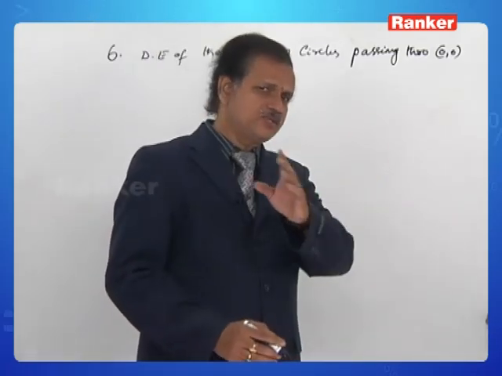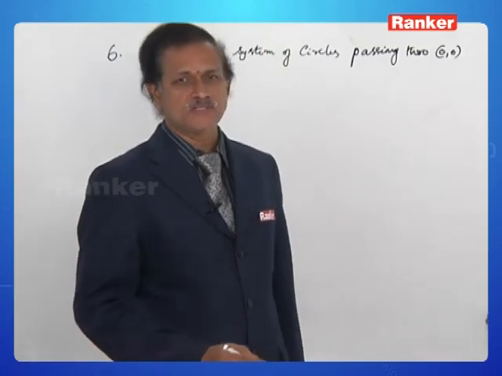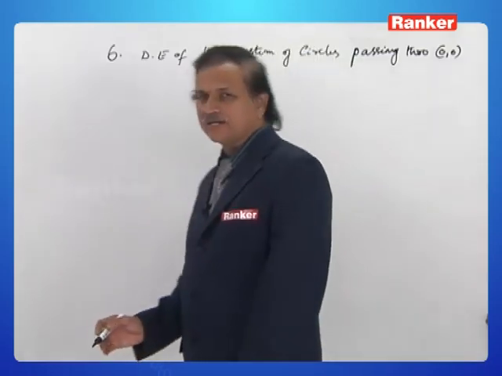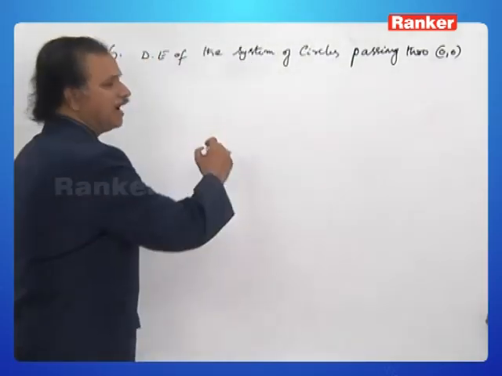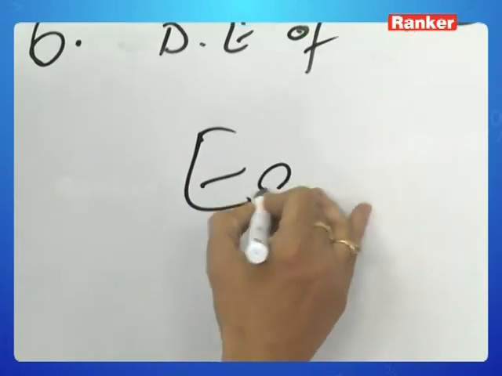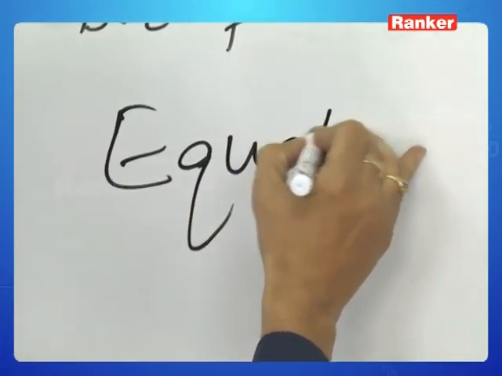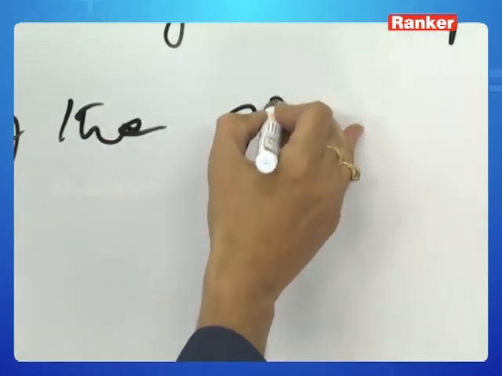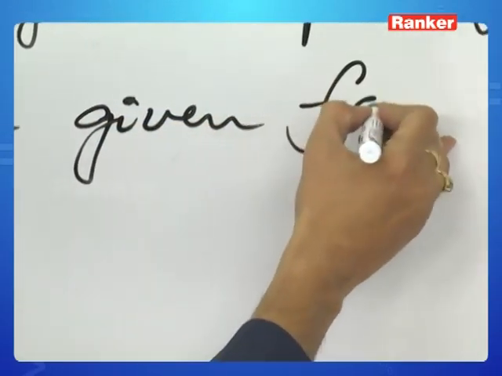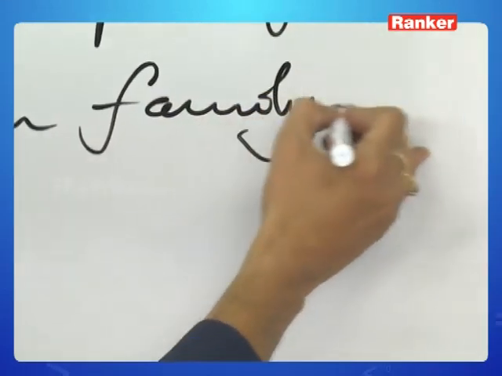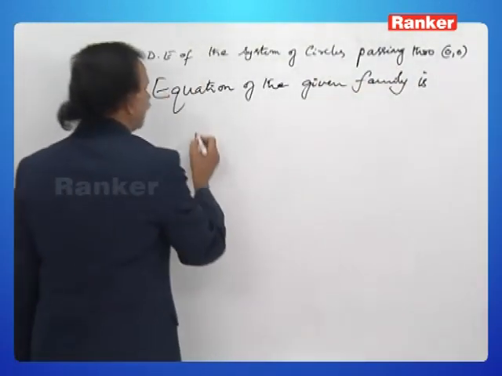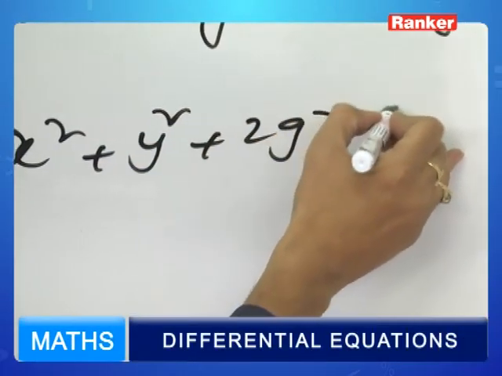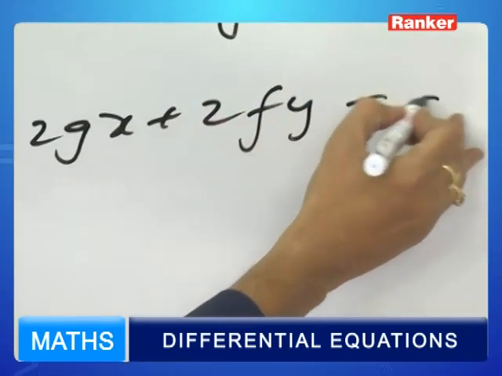Then the standard form is x square plus y square plus 2gx plus 2fy is equal to 0. Therefore, the equation of the given family is x square plus y square plus 2gx plus 2fy is equal to 0.